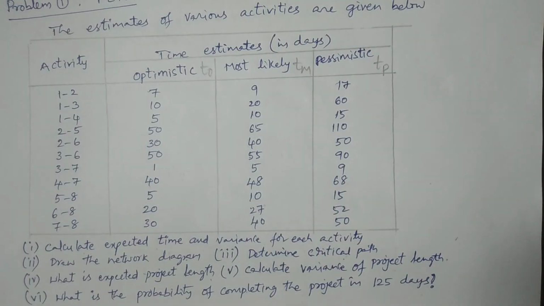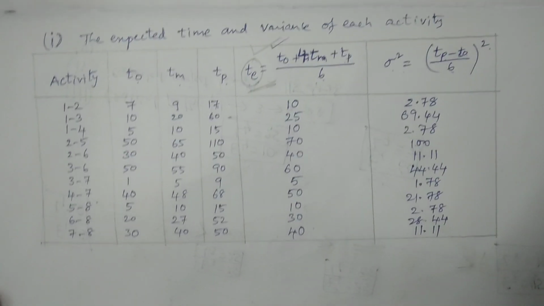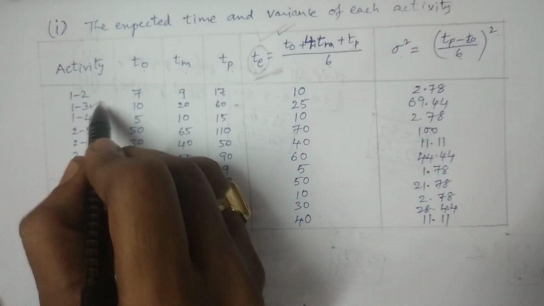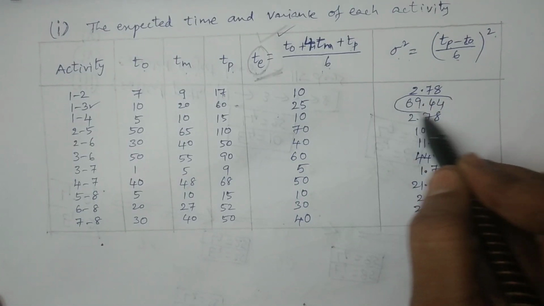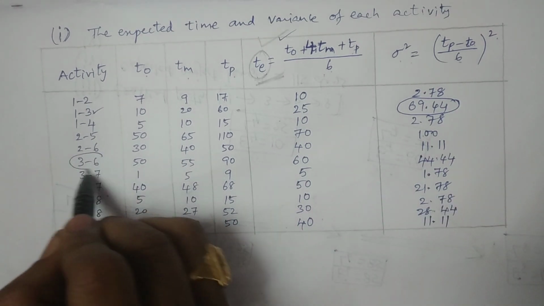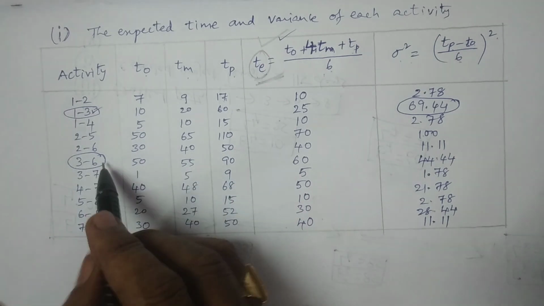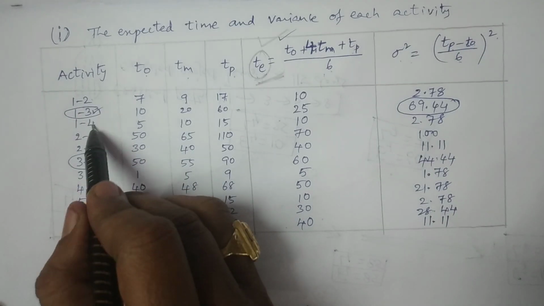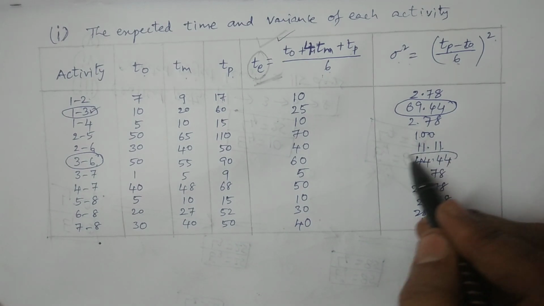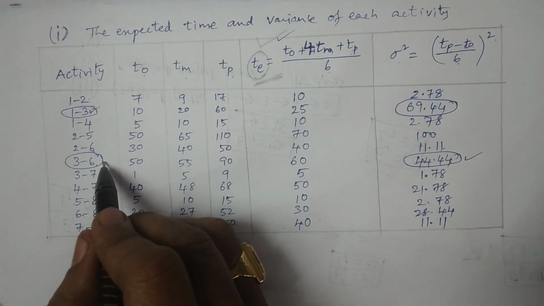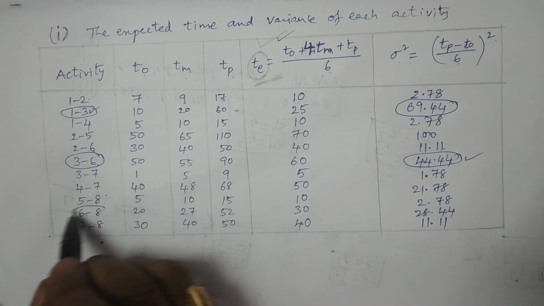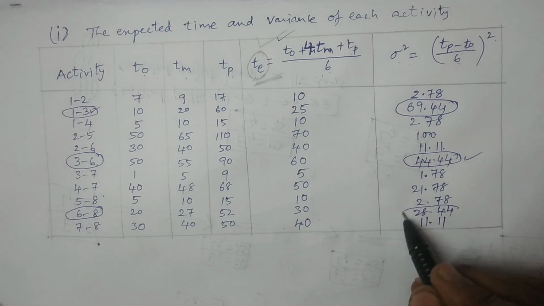So I am coming back to the table. It can be observed from the table that the critical activity 1 to 3, the second one, has a variance of 69.44. Then 3 to 6, another critical activity, the sixth one, has a variance of 44.44. And 6 to 8, another one, has a variance of 28.44.